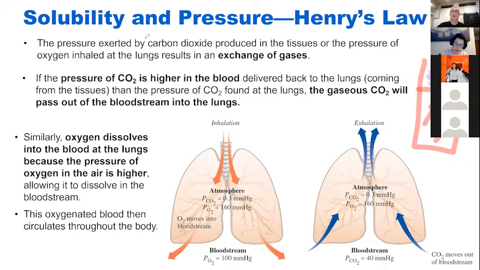So basically the high pressure of the gas on top of the liquid is forcing more gas to dissolve in the liquid.